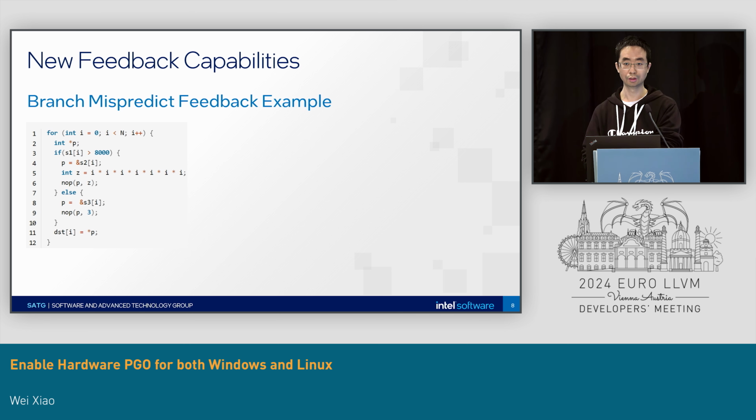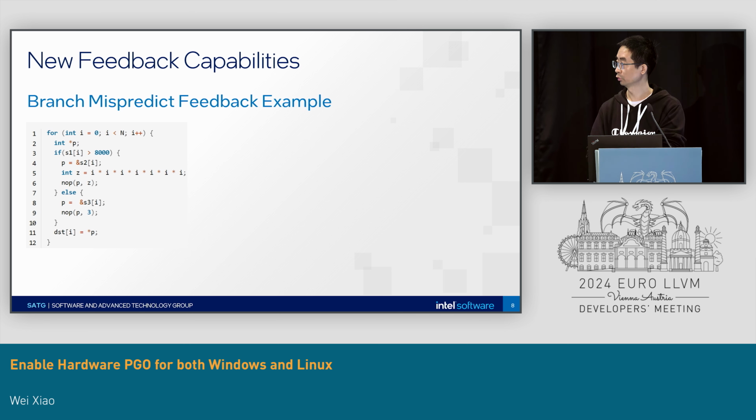Traditionally, it is very hard for a compiler to predict how well it will be predicted at runtime. If it's predicted very well, then we can generate a conditional branch for the if statement condition.